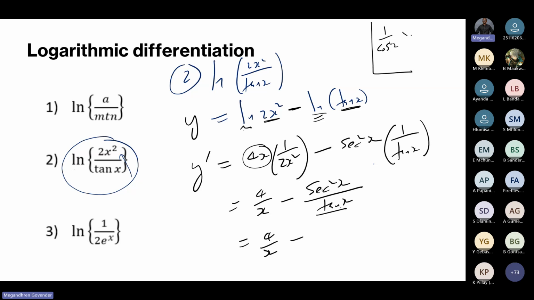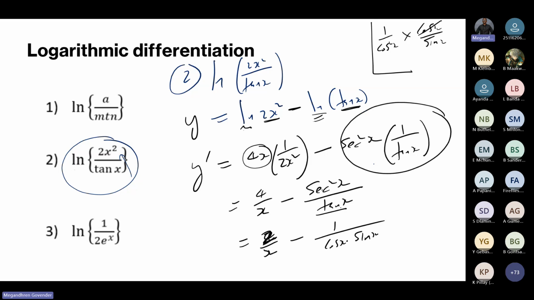And what is 1 over tan x? Sir, it's 2 over x. Yeah, this is 2. Thank you. That's true. So 1 over tan becomes cos x over sine x. The cos cancels. If you want, this just becomes cos x times sine x. I'm just showing you that this guy can be simplified.